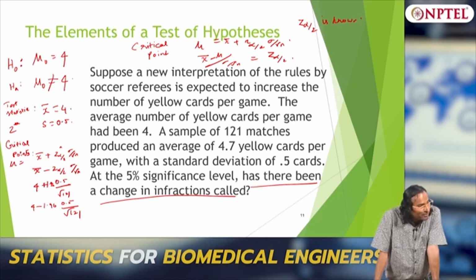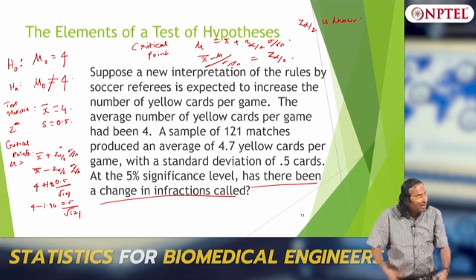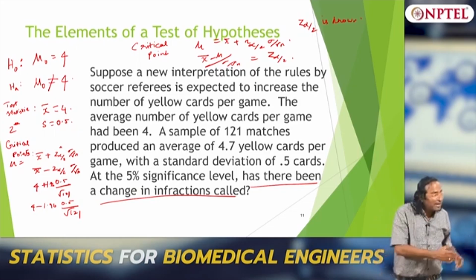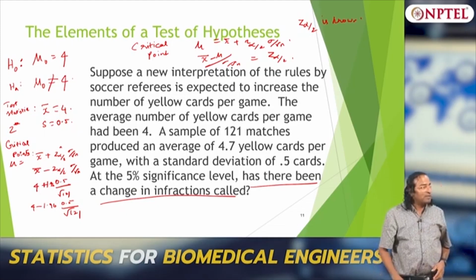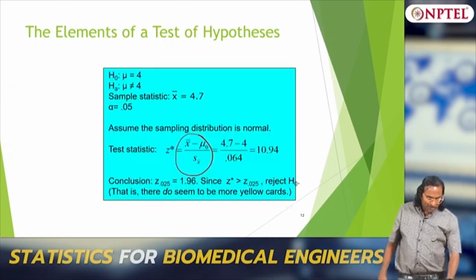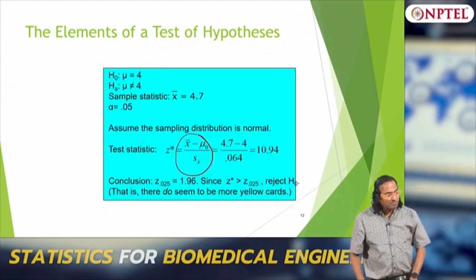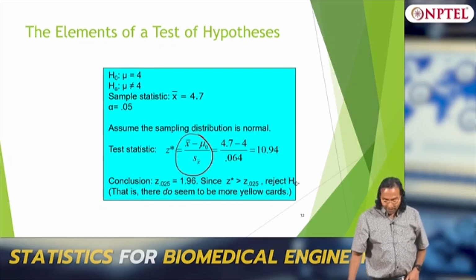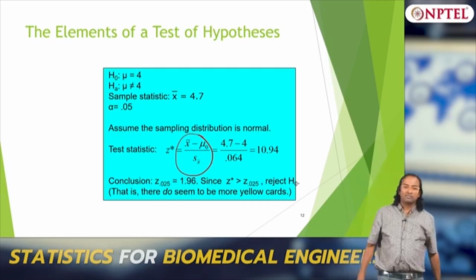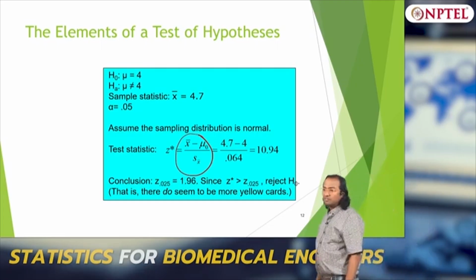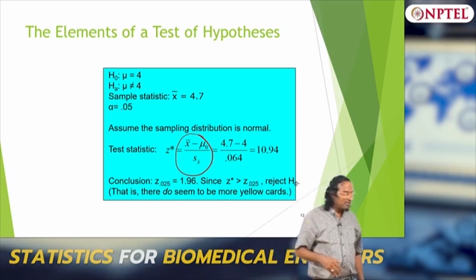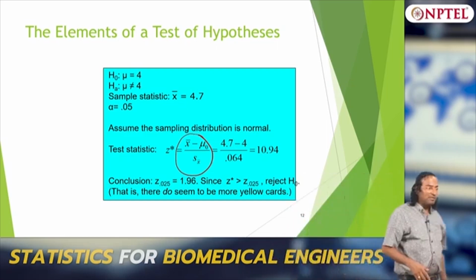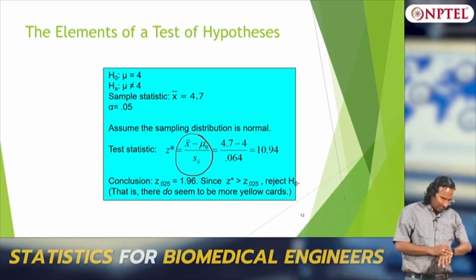This is standard deviation of x bar, this is standard deviation of the x calculated from data. What is standard deviation of x bar? 0.5 divided by 11, what is the answer? That is what you will get, correct. Can you calculate? 0.5 divided by square root of 121.